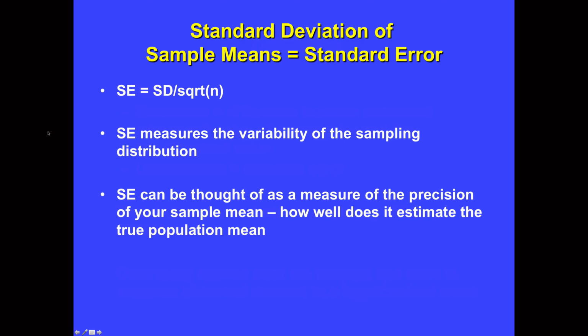So the standard error of the sampling mean is effectively a measure of the variability of your sampling distribution. In other words, if you have that population of 1 million people and you can only sample 100 to try to estimate the mean, and you were to resample 100 individuals over and over again, the mean value you obtain would vary. The standard error gives a sense of how variable that would be, and in turn gives us a sense of how close to the true population mean your sample estimate might be.